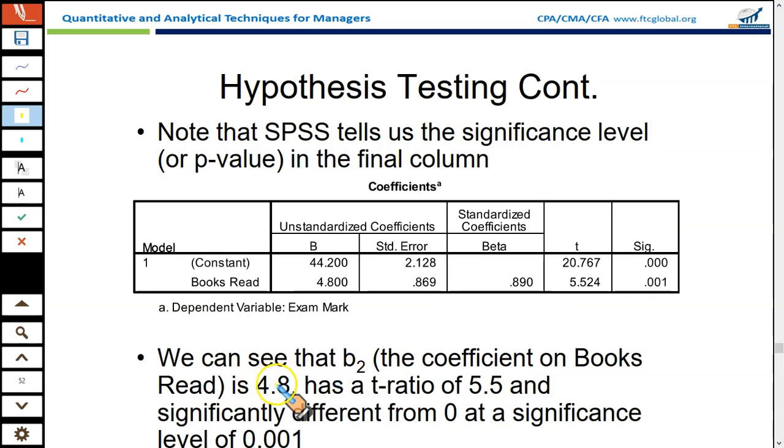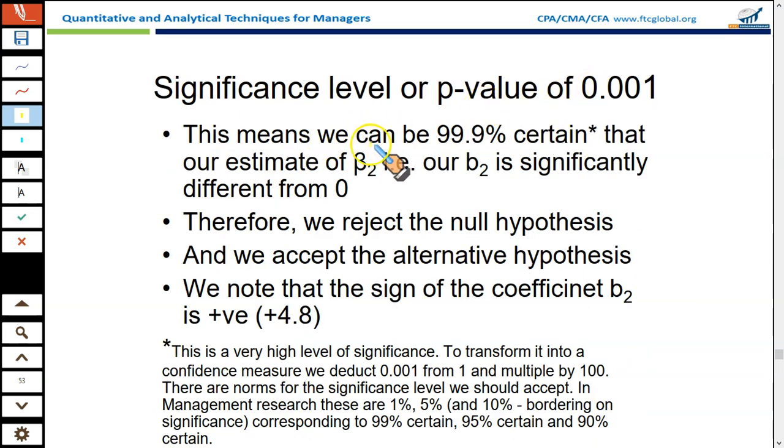So here we go. This we discussed earlier, that your coefficient of books read is 4.8, has a T ratio of 5.5 and is significantly different from 0 at a significance level of 0.001. So at this value, we can be 99.9% certain that our estimate of beta 2, that is B2, is significantly different from 0.